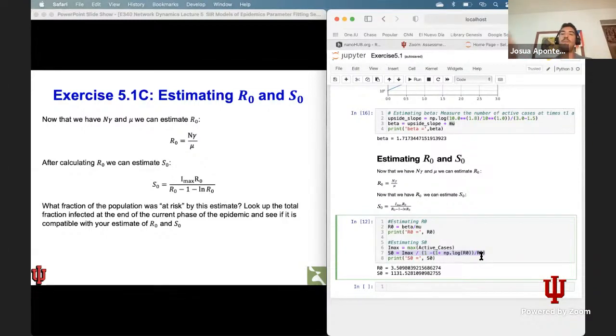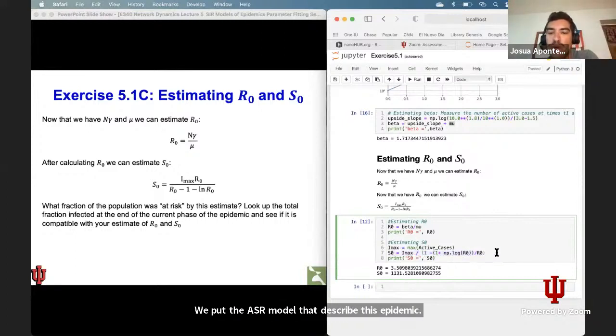So we can go backwards to estimate what the initial susceptible population would be in the SIR model that described this epidemic, using this formula.